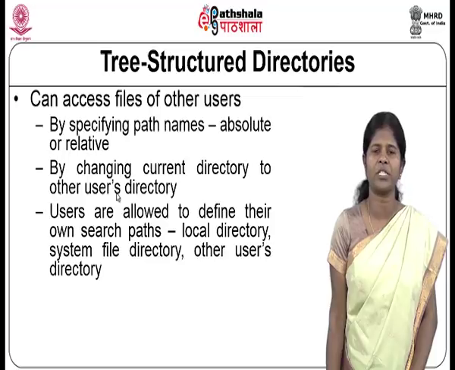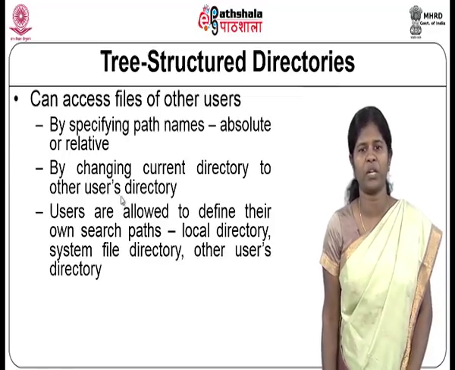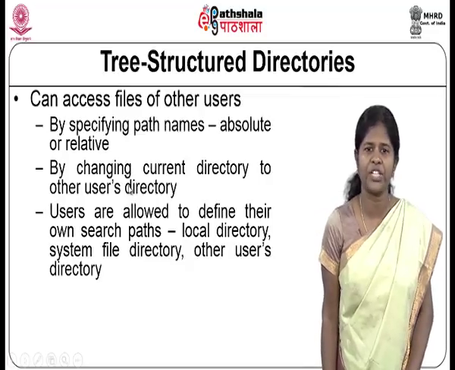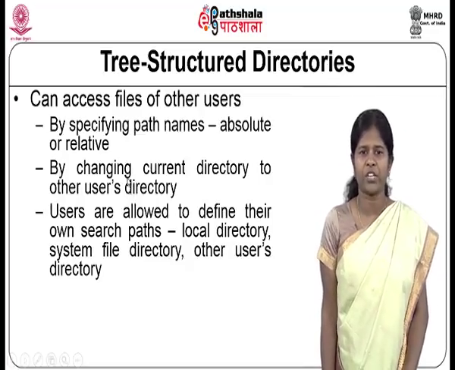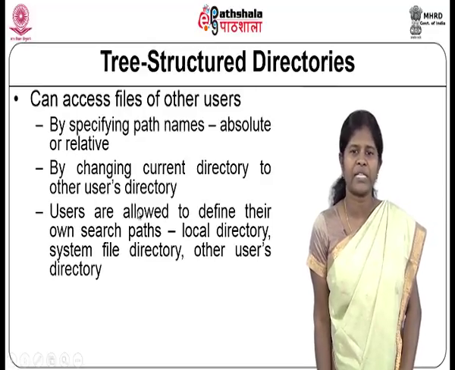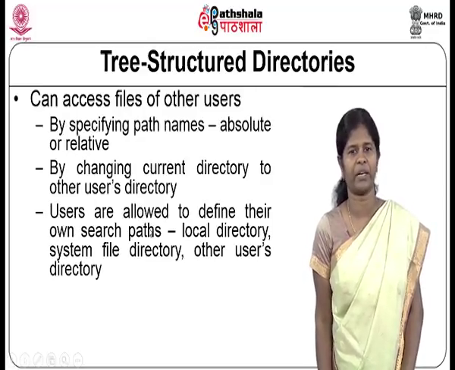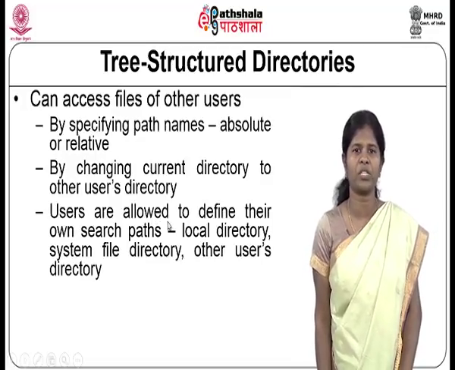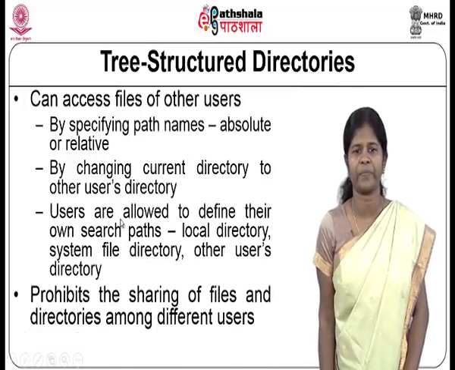And it is also possible for users to define their own search path, like you can say first search in the local directory. If it is not present, then search in a system file directory, or if it is not present, you can search in some other user's directory and so on. So, the sequence in which the search has to happen can also be provided by users.